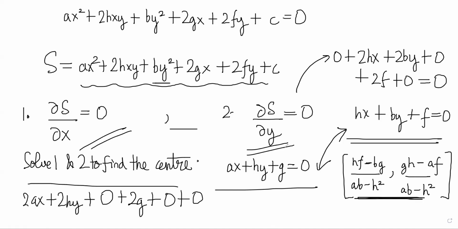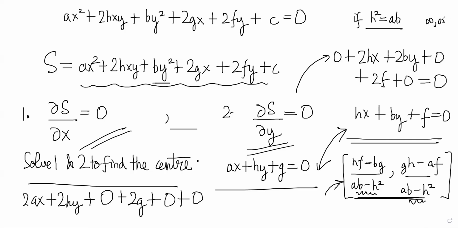Also, you should realize that the center coordinates are coming like this, and notice that this tells us why sometimes we have conics that do not have a center. Because if h square is equal to ab, the center is at infinity, right? Notice the denominator is becoming 0 in both the terms.